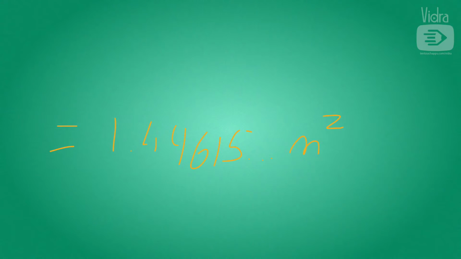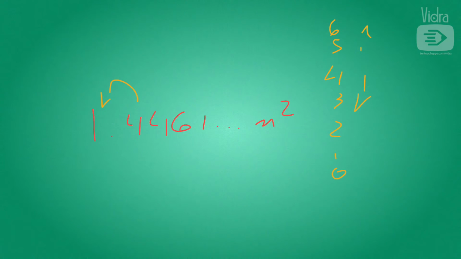The answer of our operation between the values and the absolute uncertainty is going to be a very long number, so long that I didn't write it all, and I'm not going to, because we don't really need to. We just have to round it. So what are the rounding rules?